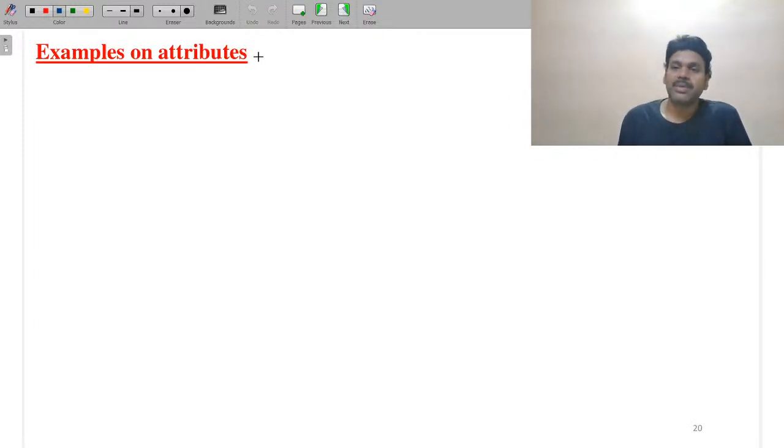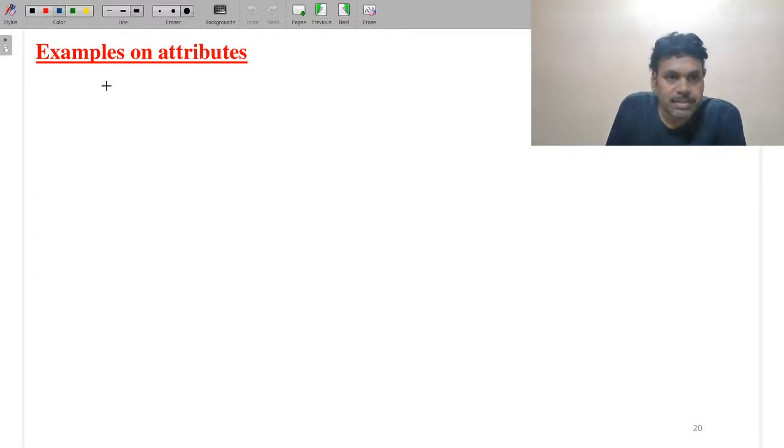So what are examples of attributes? Let me form a few examples so that you will understand the basic terminology we learned so far. Around 10 to 12 symbols we learned. Now I am going to write a few examples using those terminologies.